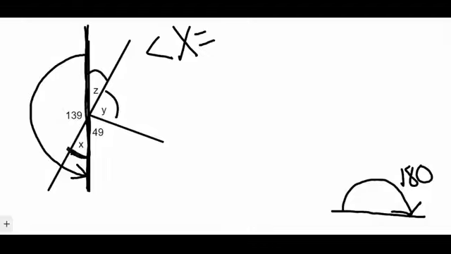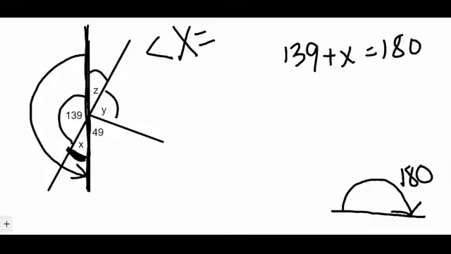So that means that this little angle X along with this angle of 139, those have to make up 180 degrees because those are all of the angles within this straight angle. So that essentially means that the 139 plus the X has to equal 180 degrees.